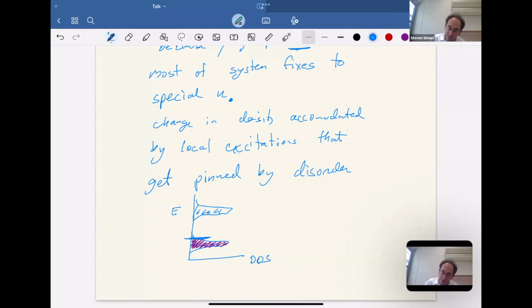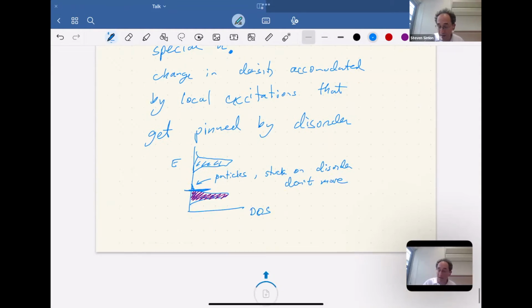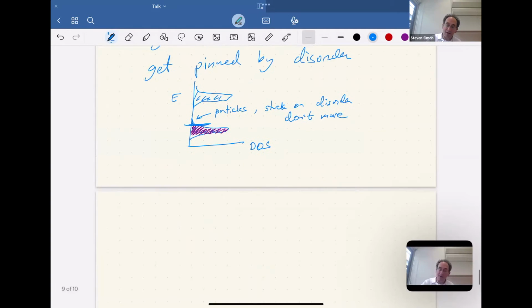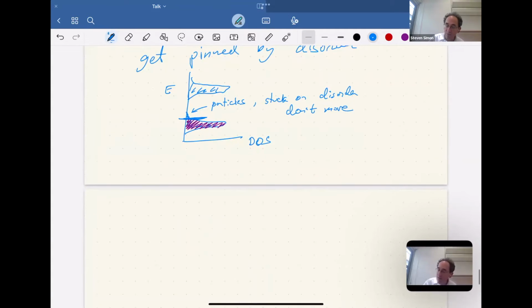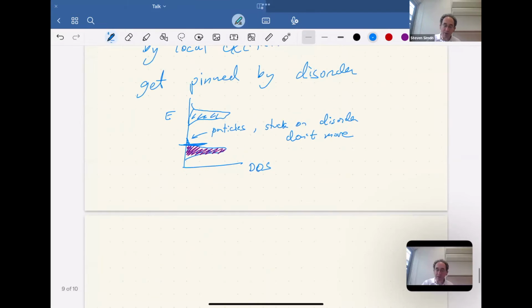Don't they cause problems? Don't they change the conductance? The answer is they don't, because these little states in the tails of the band are extra quasi-particles, extra particles that get stuck on disorder and don't move. So their presence doesn't ruin the perfect quantization of the quantum Hall effect.